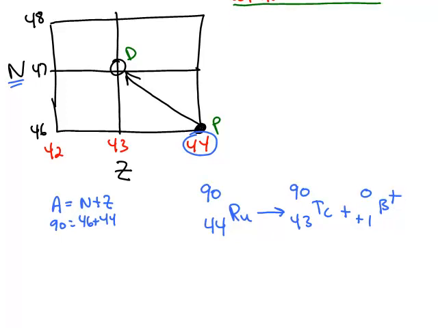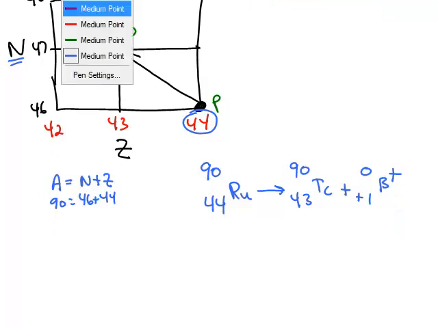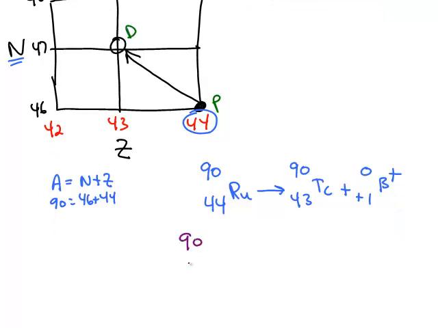However, remember, positron emission always goes with electron capture, so this could also stand for a different reaction. Same parent, same daughter, but by capturing an electron, we can write two different reactions for this same graphical representation.